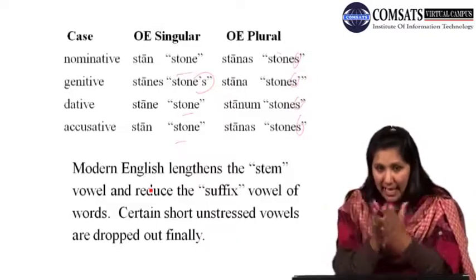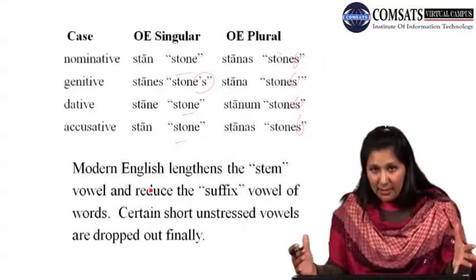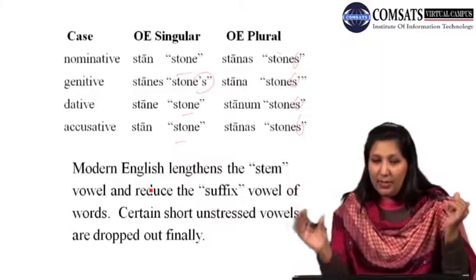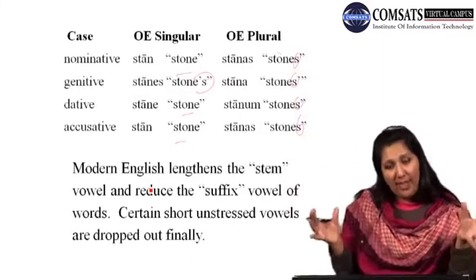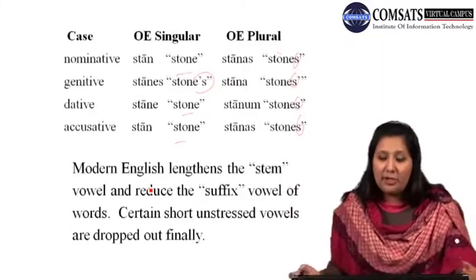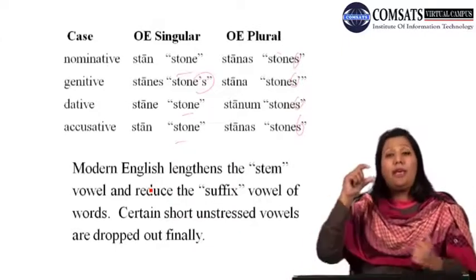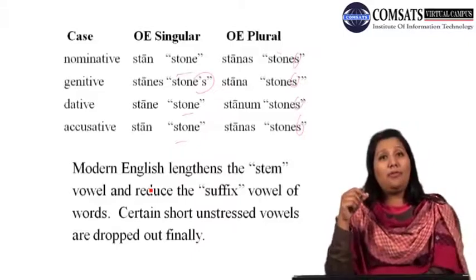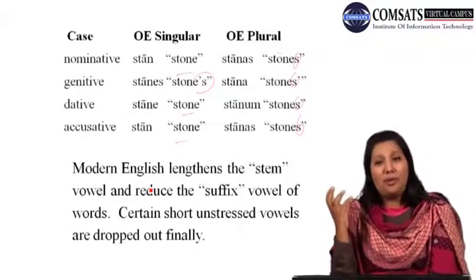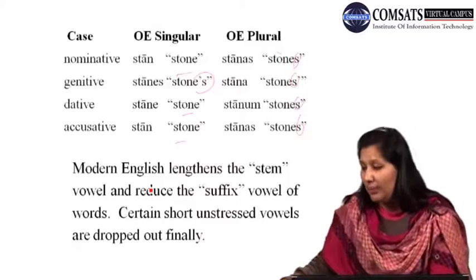The stems have been lengthened and the suffixes have been shortened. Certain short unstressed vowels are dropped out finally. If there are words that have a lot of unstressed vowels, they would be dropped out finally.